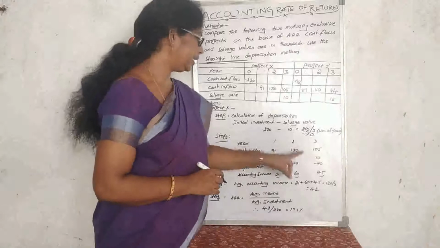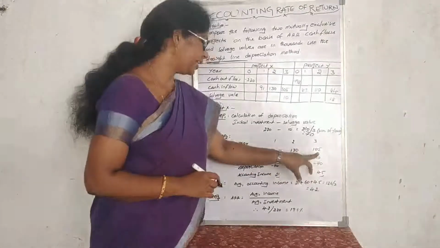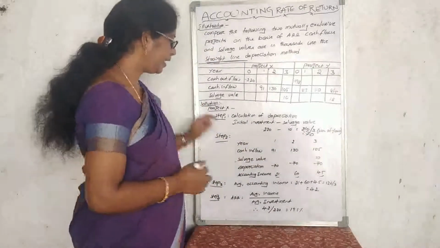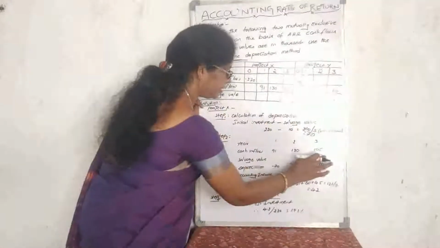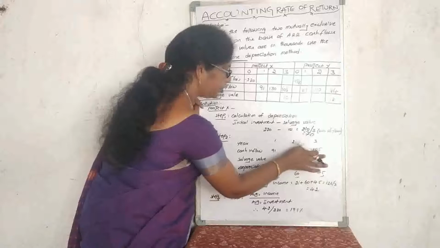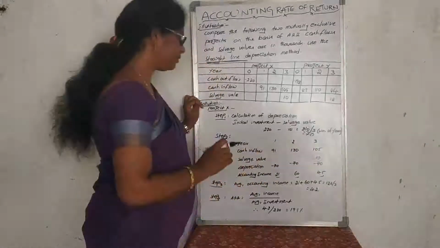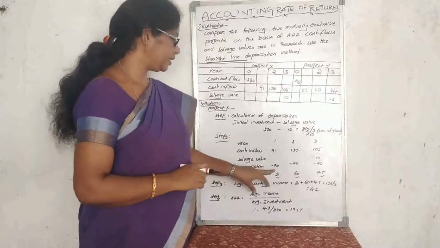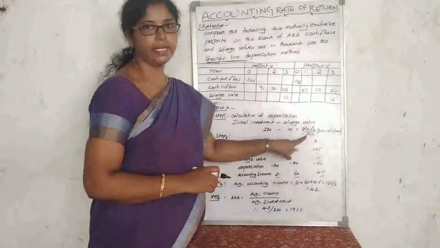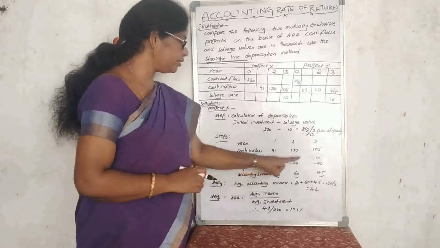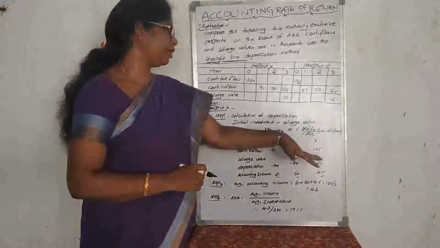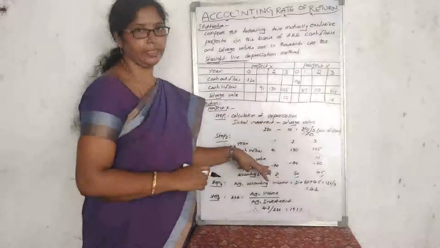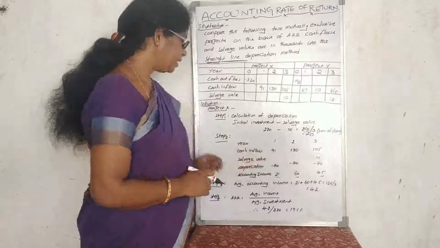In the third year, 1,05,000 rupees can be received. And the salvage value at the end of the third year, how much? 10,000 rupees. And we should deduct the depreciation value also. How much depreciation have we determined? 70,000 rupees. 70,000, 70,000 and 70,000 for all the years. The value will be the same. Why? Because we are using the straight line method.